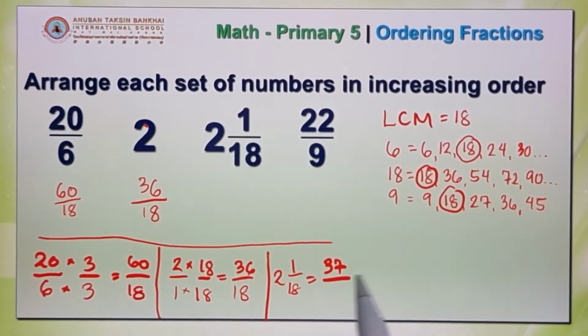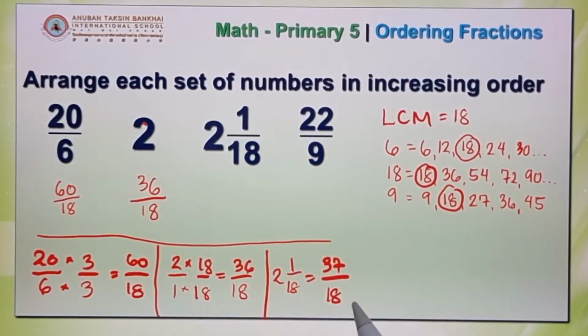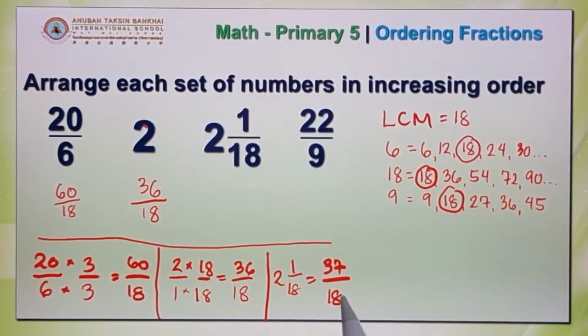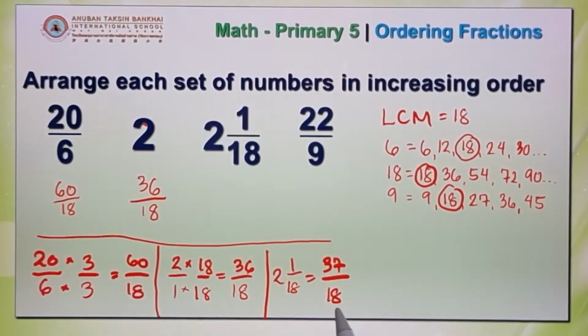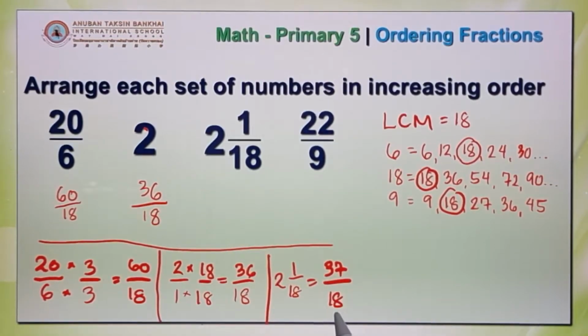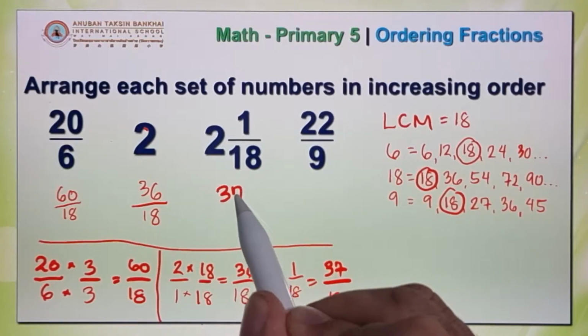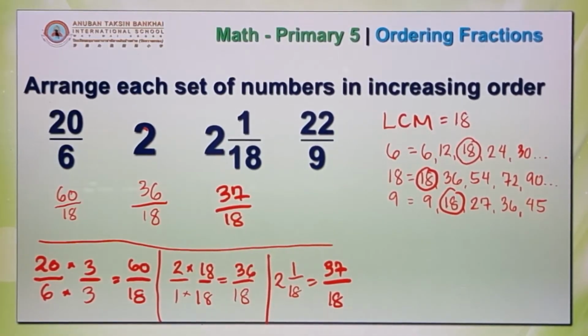We just copy the denominator, which is 18, so therefore we have 37 over 18. Since this is already 18, no need to change. We'll just write here 37 over 18.